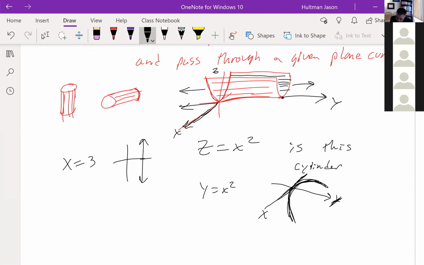But now we have to designate, is this in R2 or is this in R3? Because if this is in R3, then I've got a third axis to contend with. Right? Make sense?